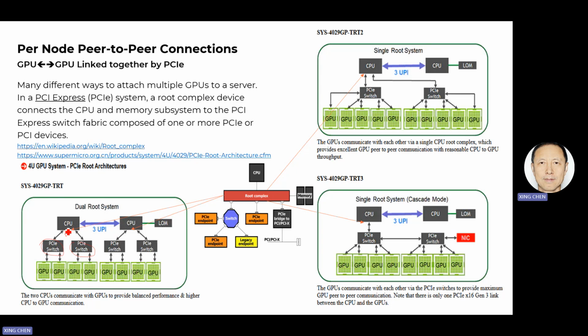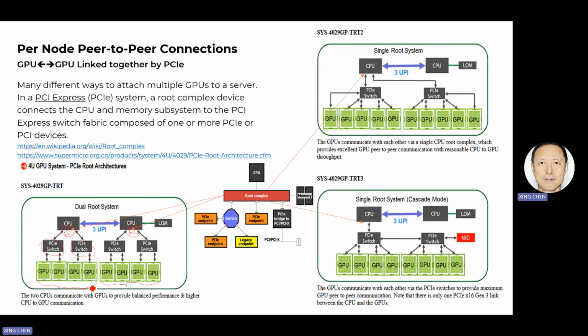You have a root complex with the first CPU. You have another root complex with the second CPU. That means these 4 GPUs can potentially communicate with each other by going through the PCIe switch and the PCIe link. And these 4 can do the same thing.